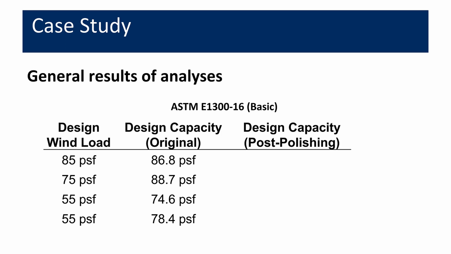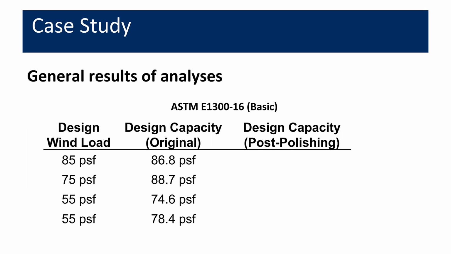To calculate the original design capacity, we used the current basic method, although when this building was designed and constructed, it would have been under a preceding version of E1300, but that's now known as the basic method in comparison to the analytical method that we're going to look at.